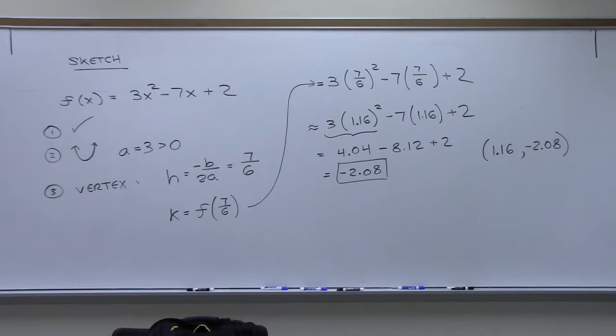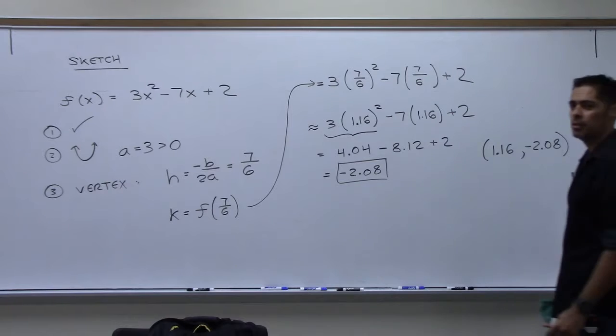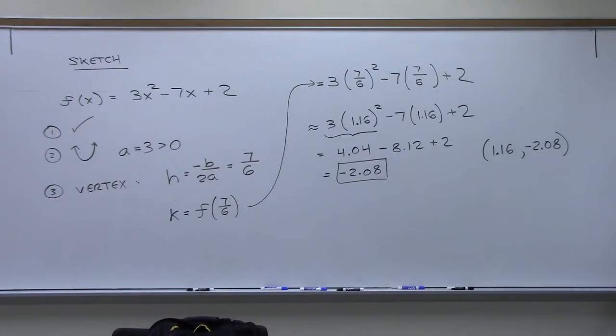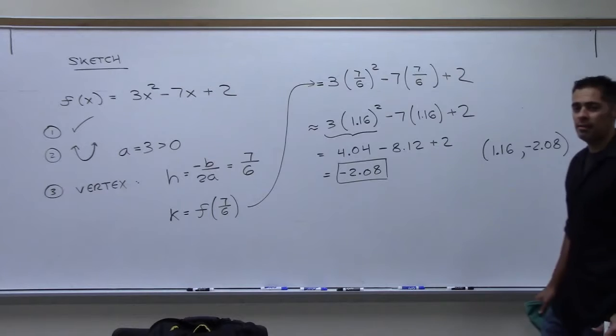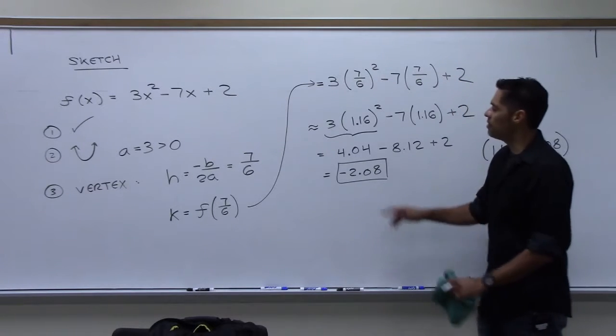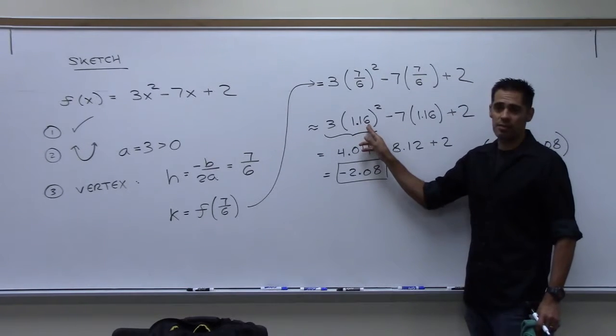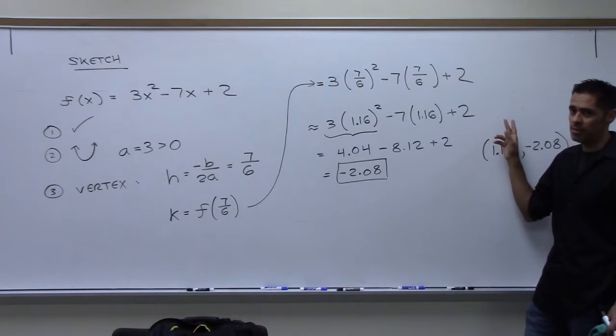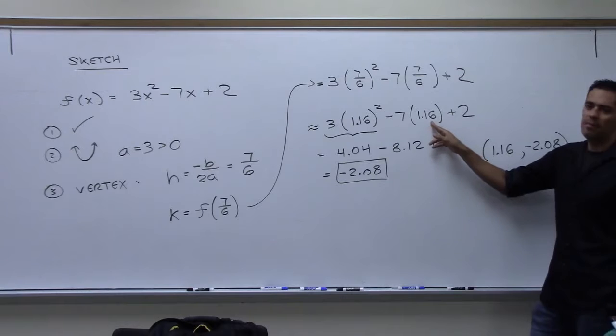Mine was negative 2.05. Oh, but your calculator is doing a better job of approximating than we are. We used 1.16, right? Your calculator probably used 1.166666, probably 10 decimal places minimum, and did the same thing here.